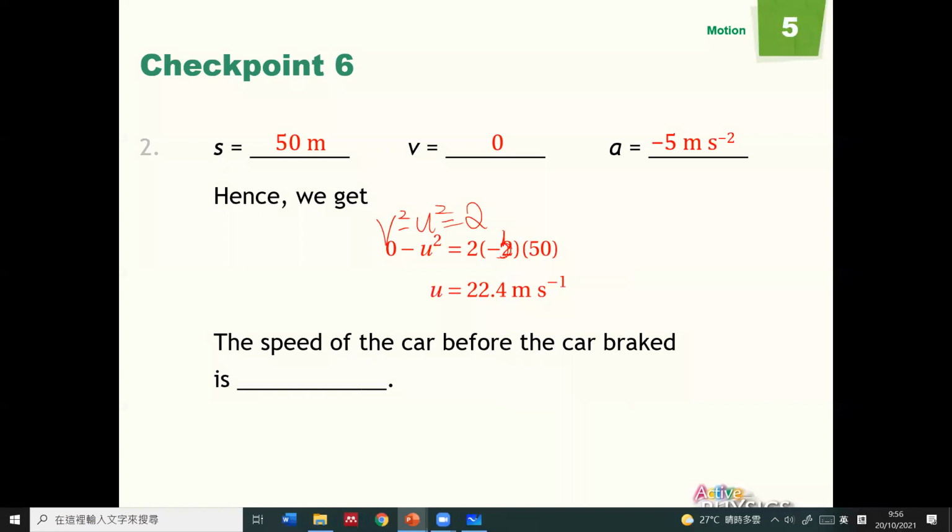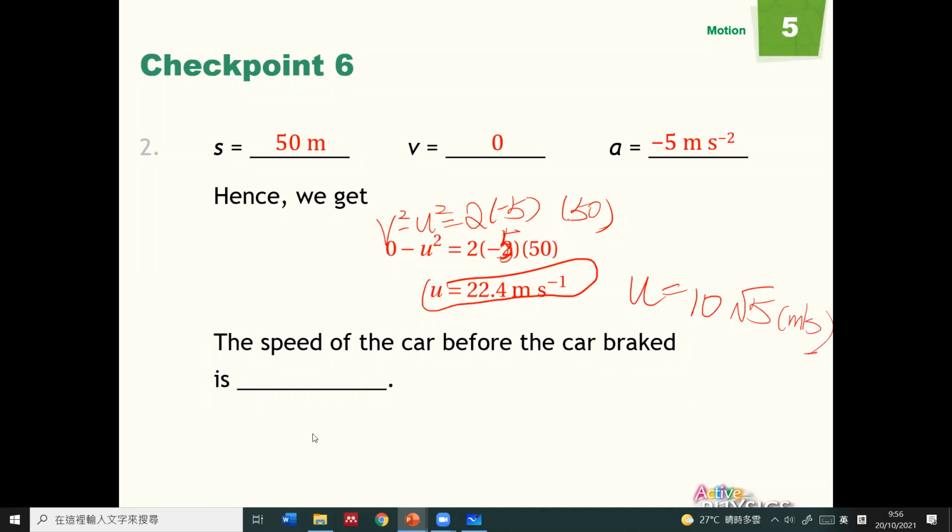Sorry, the answer is wrong. So 2A and then S. And you get this answer, which is the same as your classmate's. So U equals 10.5 meters per second. So that's all.